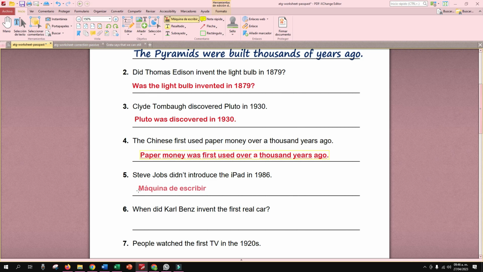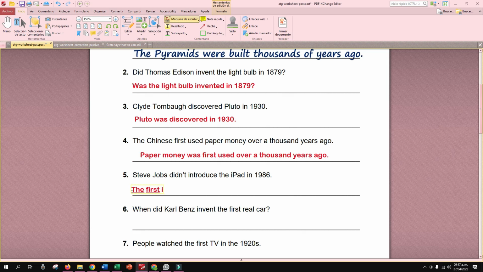Steve Jobs didn't introduce the iPad in 1986. Which could be that one? The iPad wasn't introduced in 1986. Excellent. So also, if we want to say that, we can add the first iPad.